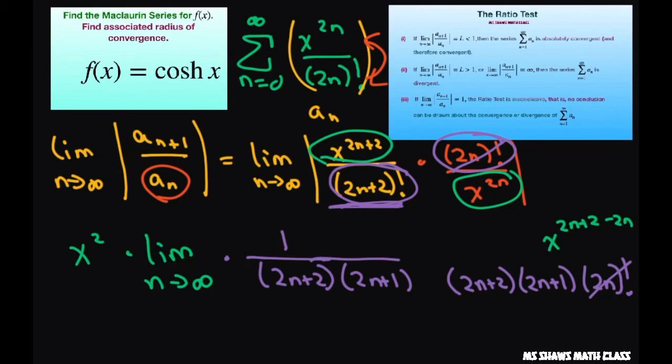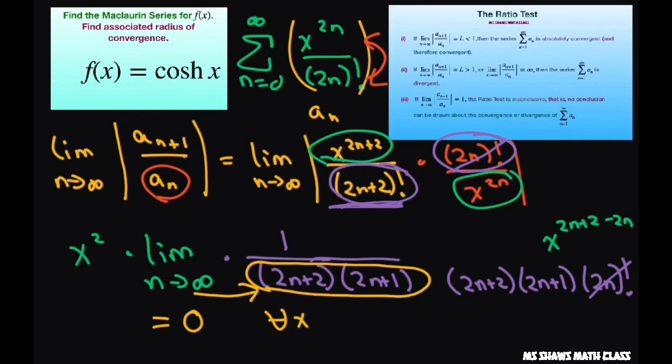And this is going to equal 0, as this denominator gets very large for all x. So our radius of convergence is infinity. And this is less than 1.